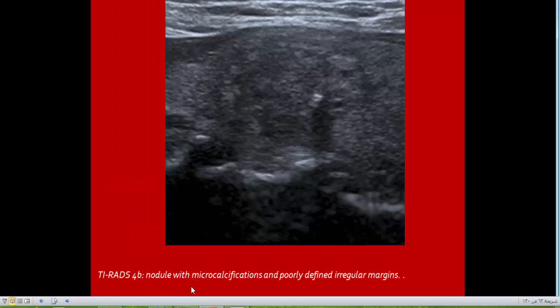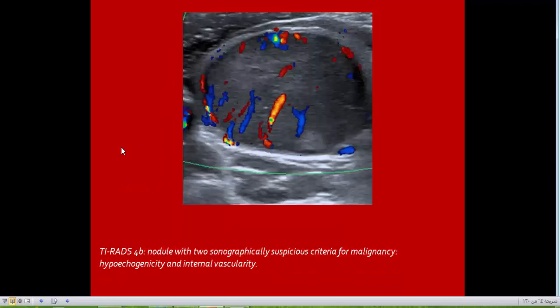TI-RADS 4B nodule with microcalcification, poorly defined irregular margins. TI-RADS 4B, this is moderately suspicious, or malignant type A, microcalcification with irregular margin.